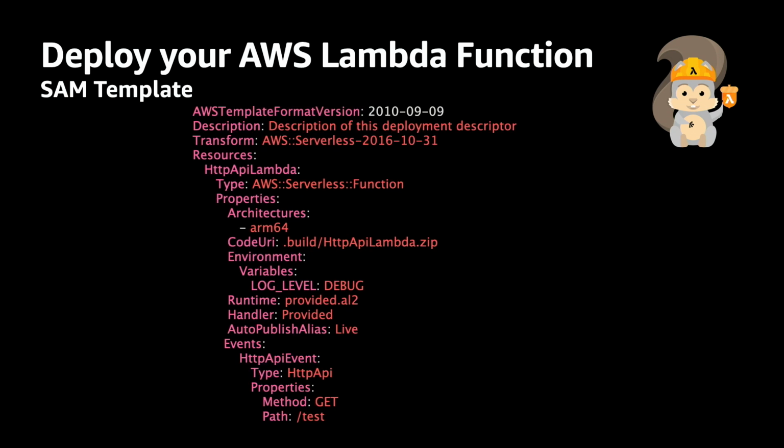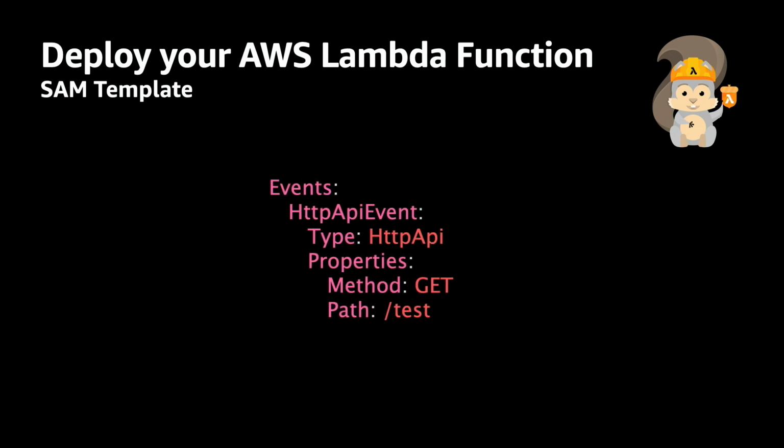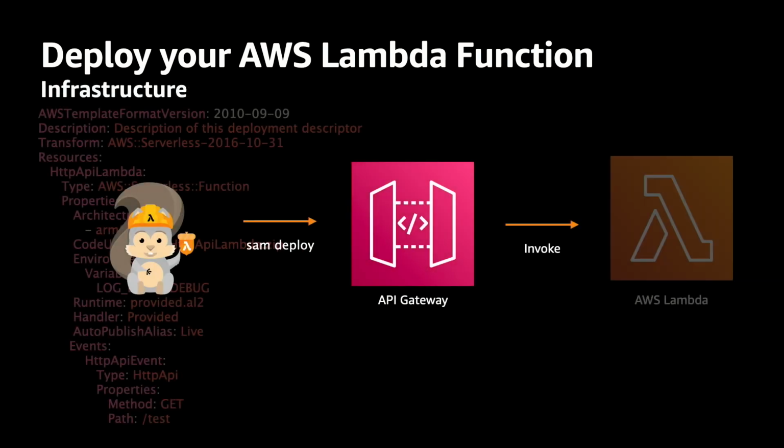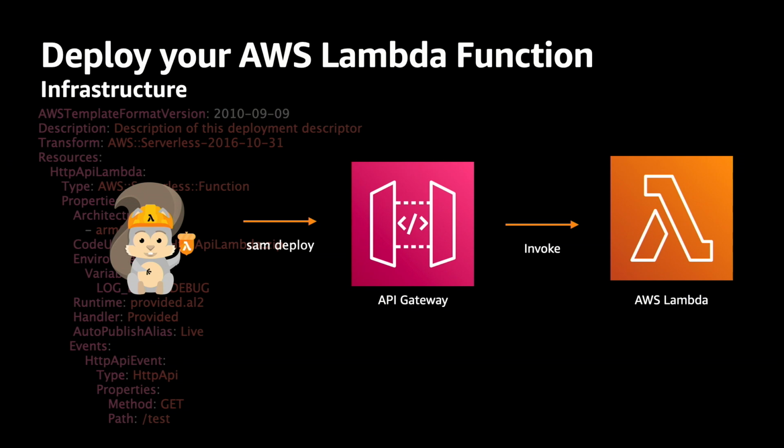And then in the second part of the code, I define the events that are going to trigger my Lambda function. In my case, I want an HTTP API that reacts on an HTTP GET on the path /test to trigger my Lambda function. And that's it. I just type sam deploy, it takes that text file and generates the infrastructure for me.